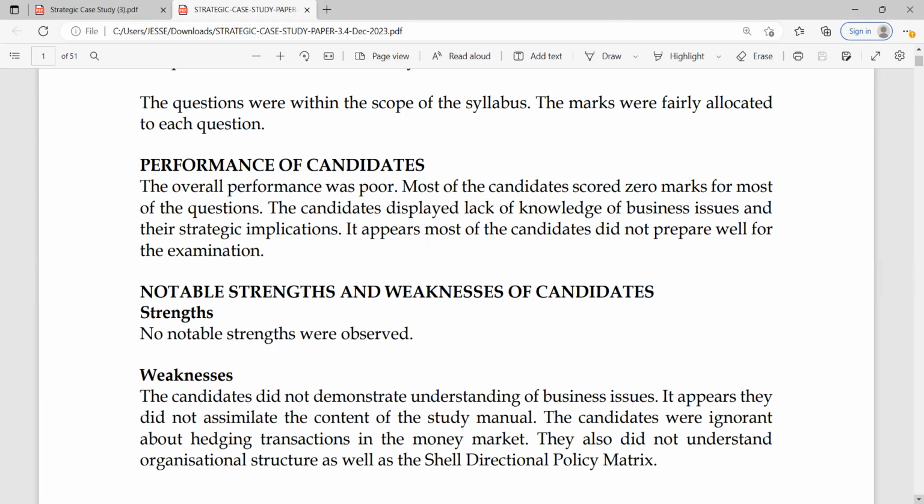It also appears that most of the candidates did not prepare well for the examinations. So one of the key things in preparing for strategic case study is not just studying the text, right? You have to get past questions and familiarize yourself with the concepts in order to be able to pass, because the application side is more important than just memorizing the text.